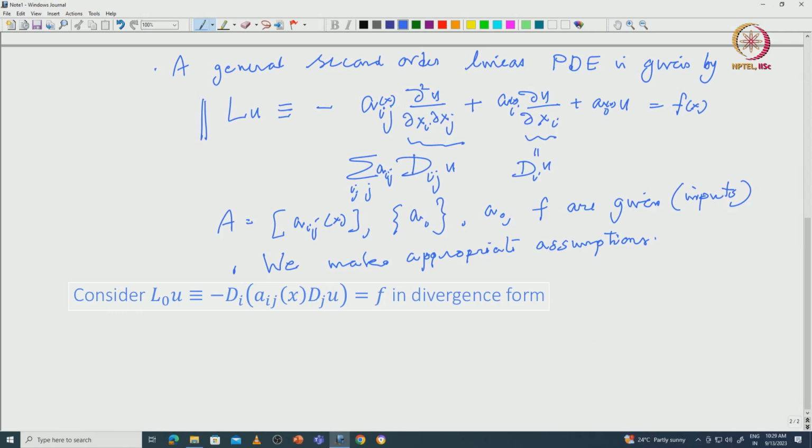That means you are assuming a_i identically 0 and a_0 identically 0.